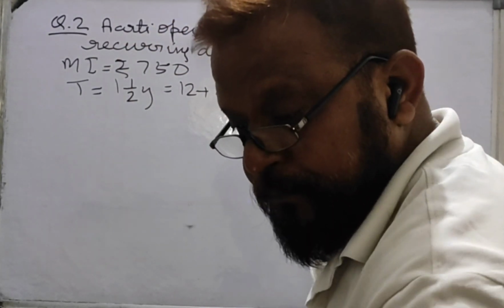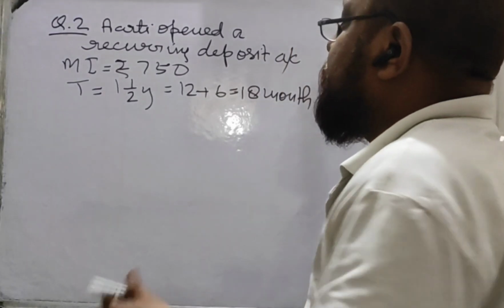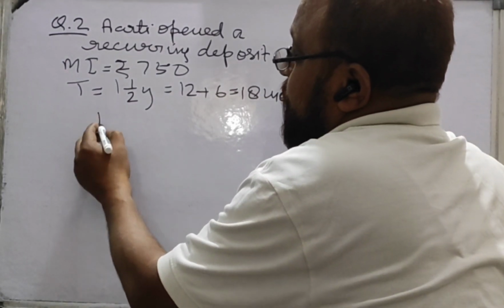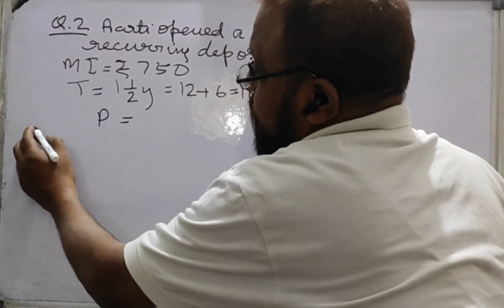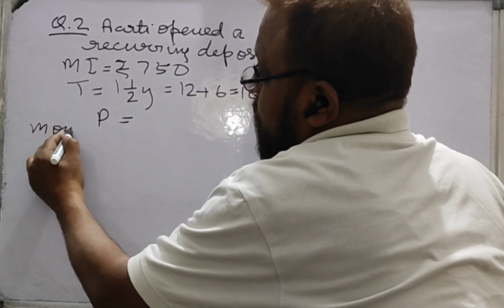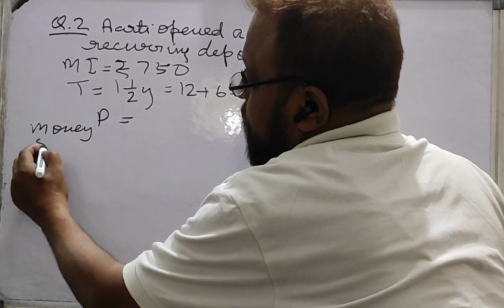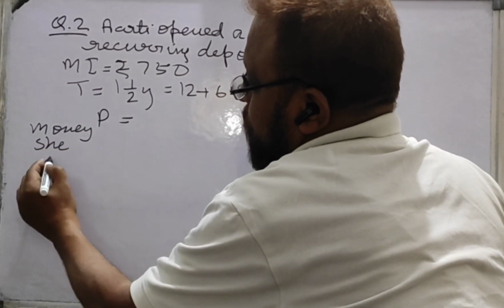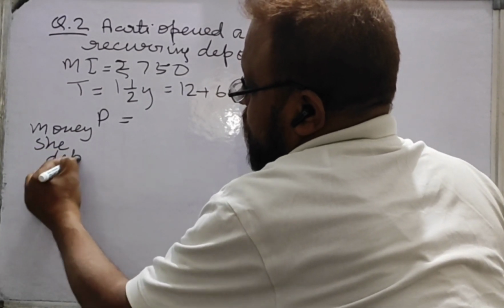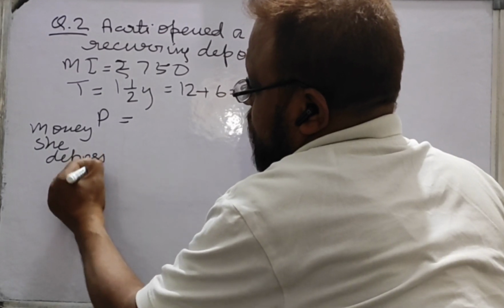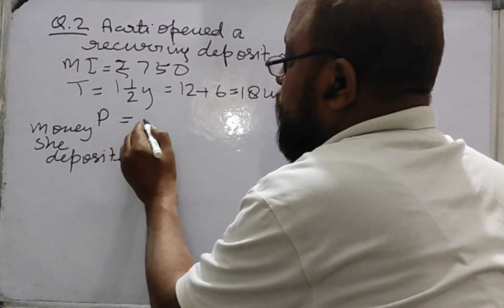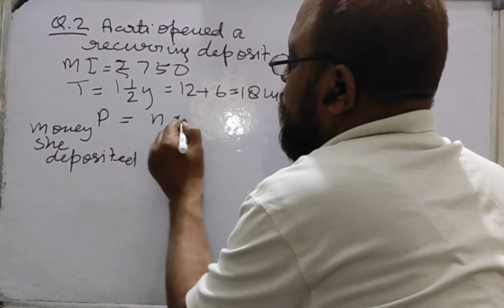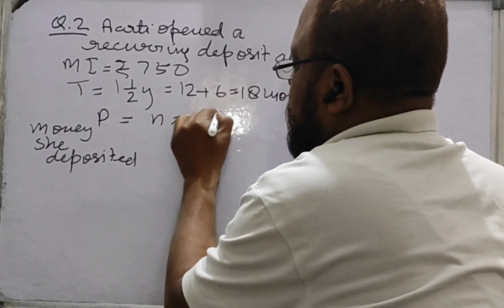So the principal P means the money she deposited is equal to N into MI.